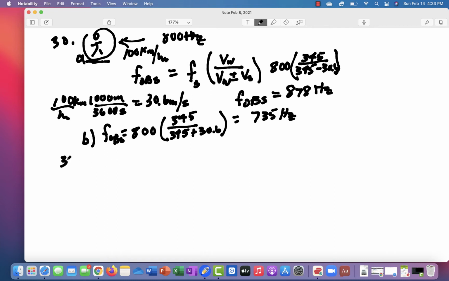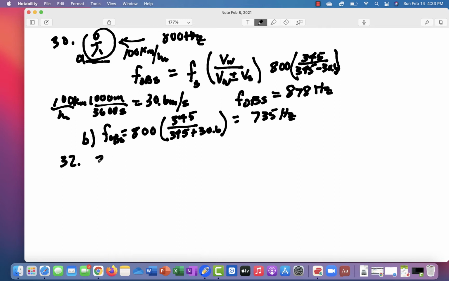Number 32 is exactly the same. What frequency is received by a mouse just before being dispatched by a hawk flying at 25 meters per second and emitting a screech at 3,500 hertz? The speed of sound is 331. It's exactly the same formula and the hawk is moving toward the mouse, so you'll be subtracting that.